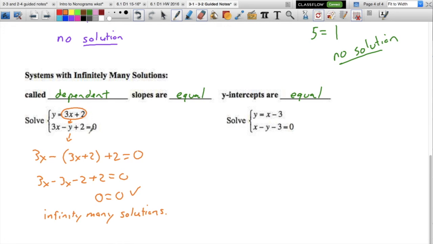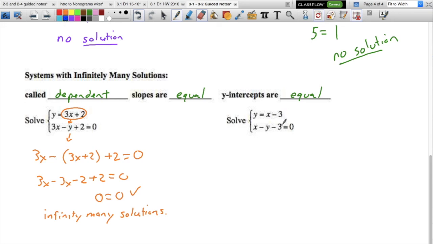And if it's a different number, then there'd be no solution. Yeah, like if it said 0 equals 5, you say no solution. If it's one solution, you'll still have an x here. And you'll have x equals something. Oh, okay. It's only when the x's and the y's drop out completely that you have no solution or infinitely many solutions. Okay. Good question.